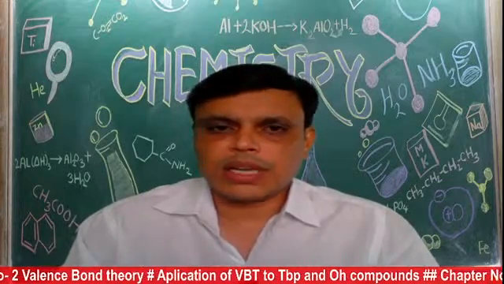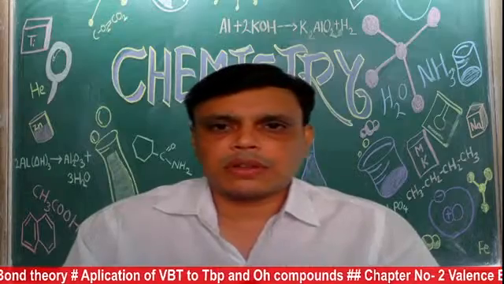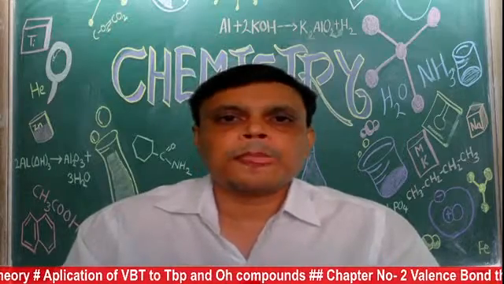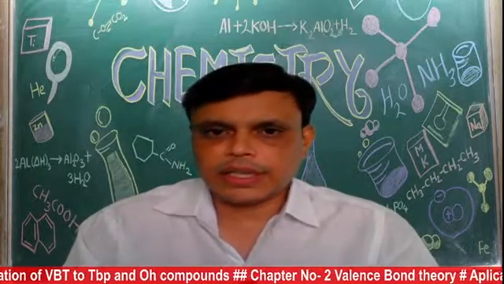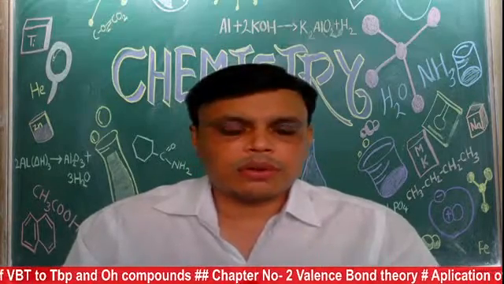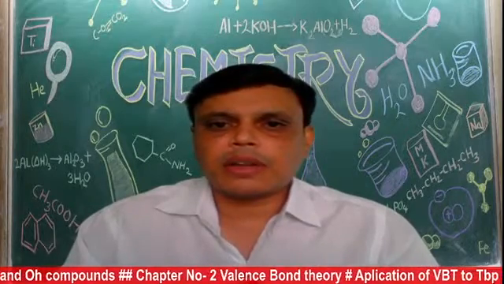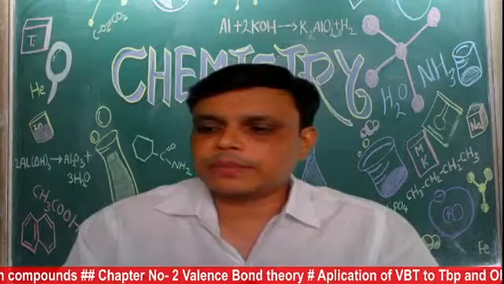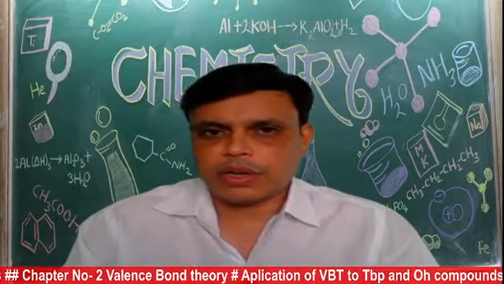In the last lecture, that is Monday's lecture, we have seen the application of valence bond theory to the tetrahedral compounds and square planar complexes. Okay. In today's lecture, we will see the application of valence bond theory to the TBP, that is trigonal bipyramidal, and octahedral compounds.